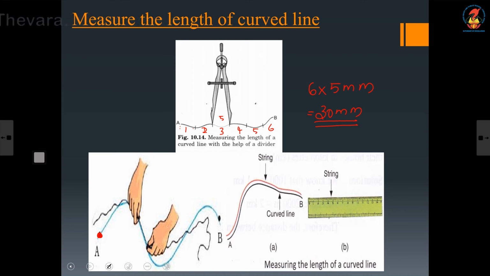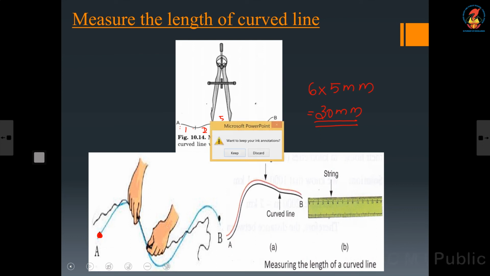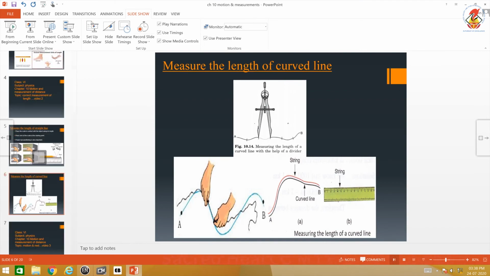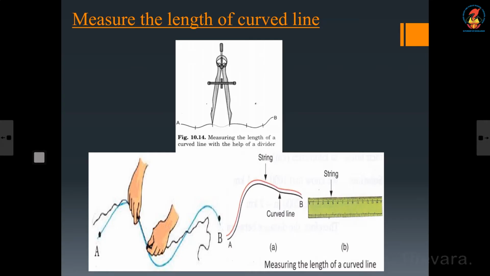So first you make a knot on the thread and place it at point A, then move the thread along the length of the curved line, and when it reaches point B, make another knot.